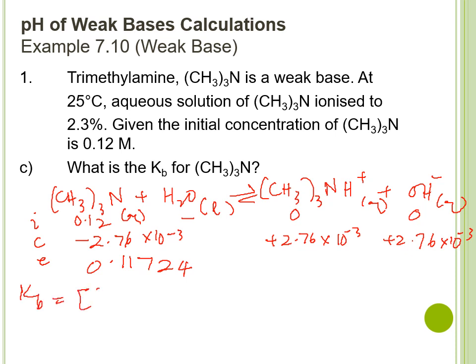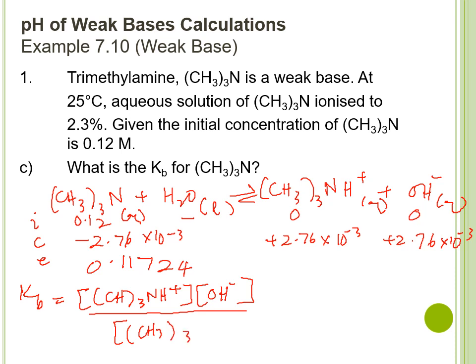Kb expression is the concentration of the products from the balanced equation, divided by the trimethylamine, (CH3)3N.